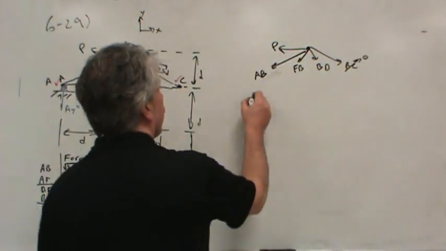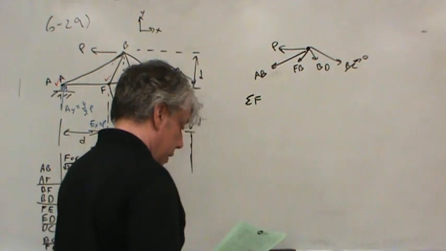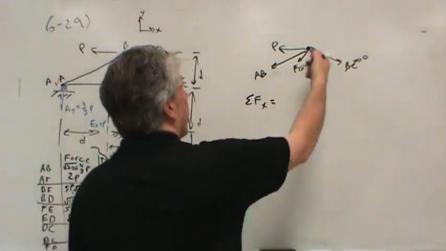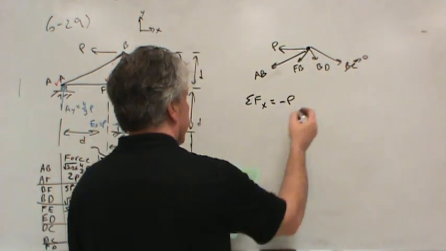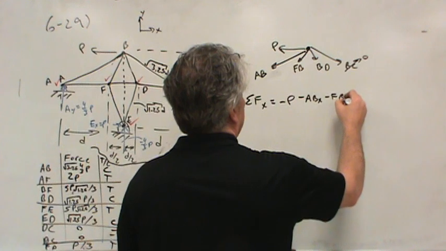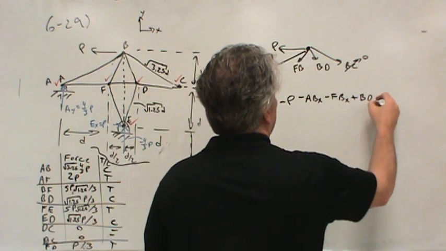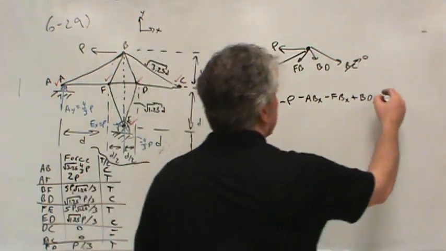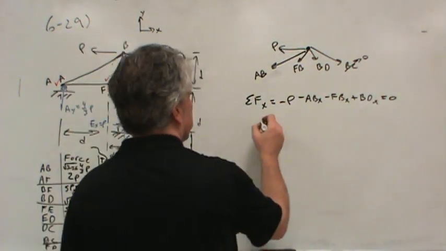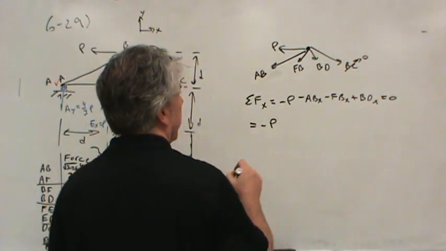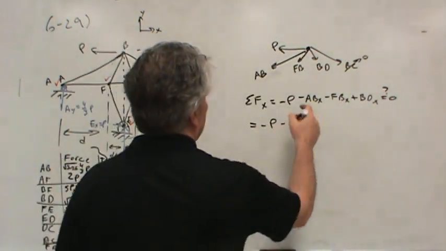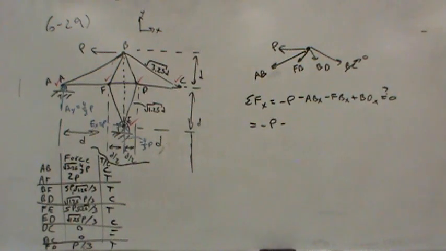But now let's sum forces in the horizontal direction. We'll have negative P, so that takes care of that piece, minus ABX minus FBX plus BDX, and that's it. Now we know what each of these should be, so let's just plug them in. Negative P is the first term, minus ABX.